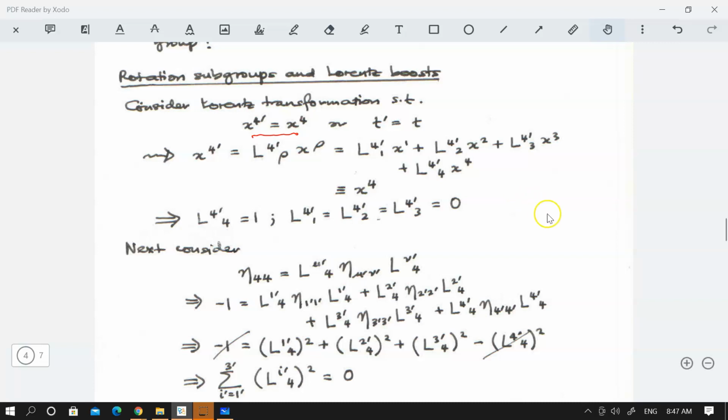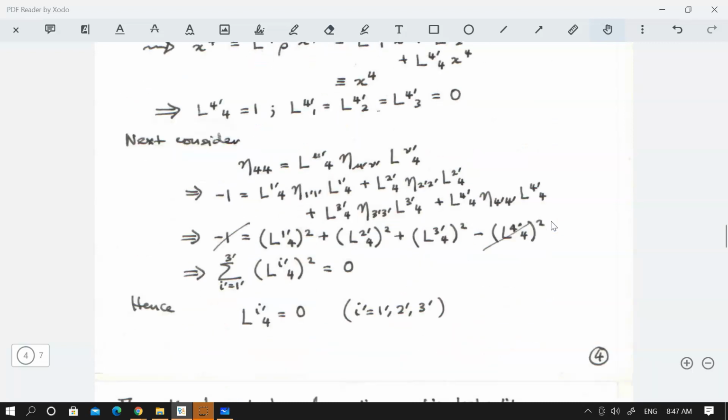So that is just using the condition x4 dash equals x4. But you have to remember that whatever this L is that preserves the time coordinate will also have to obey your Lorentz identity. So let's look at that.